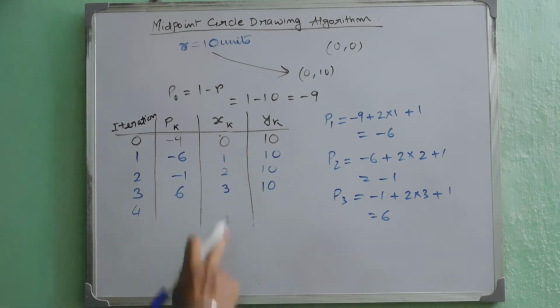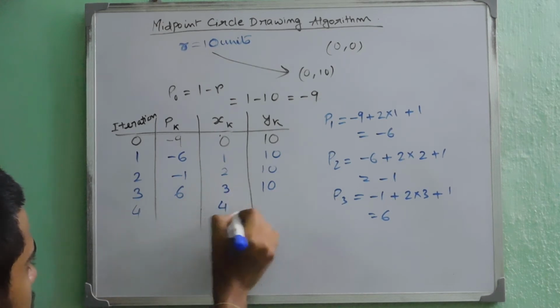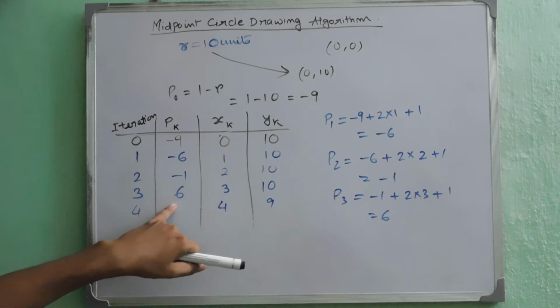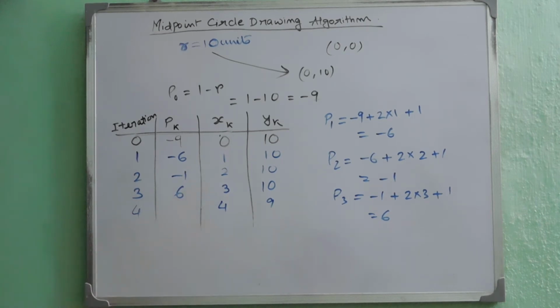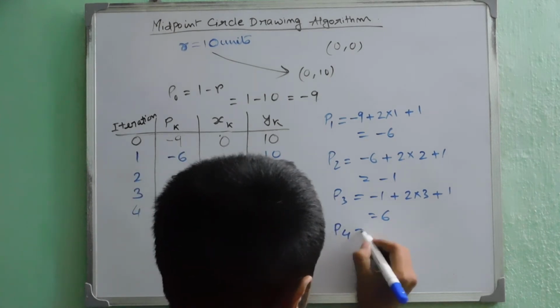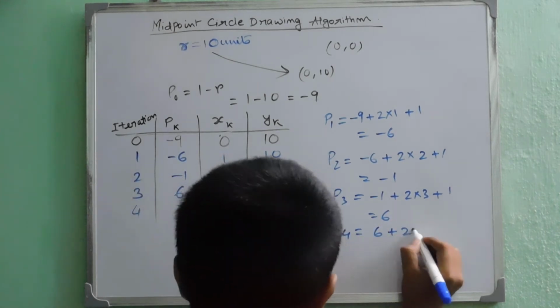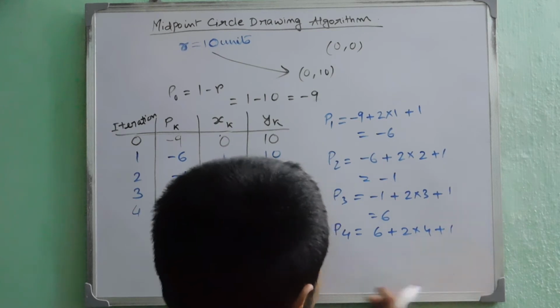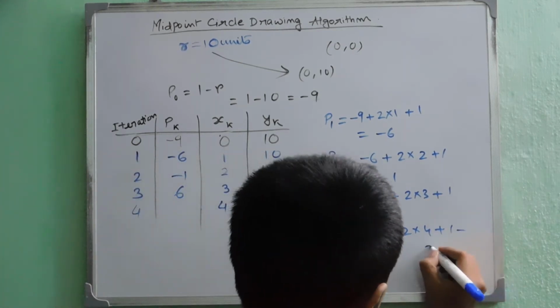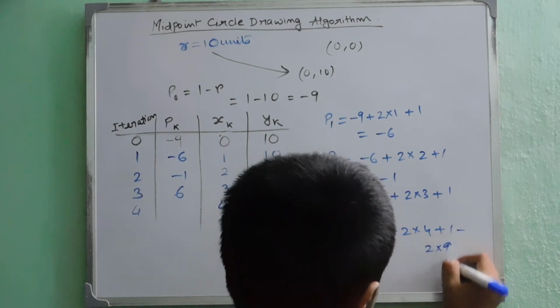Now let's calculate iteration 4. Here x will increment by 1 but y will decrement by 1, because the previous decision parameter was positive. Now let's calculate the decision parameter for this step, that is p4. It will be 6 plus 2 into 4 plus 1, and since it's positive, we will add a term, that is minus 2 into y, that is 9.